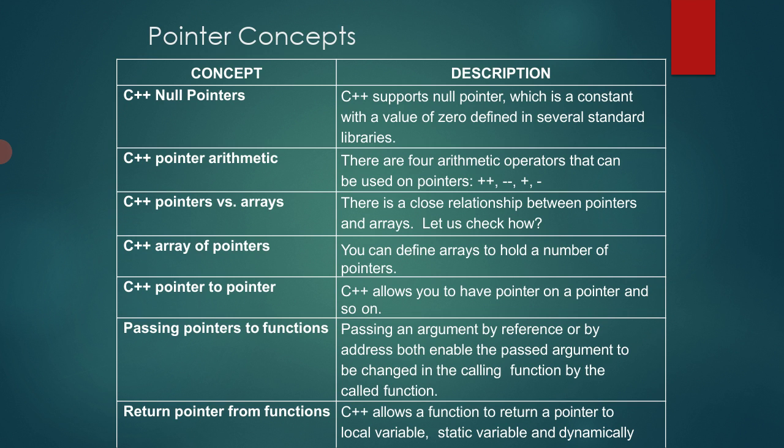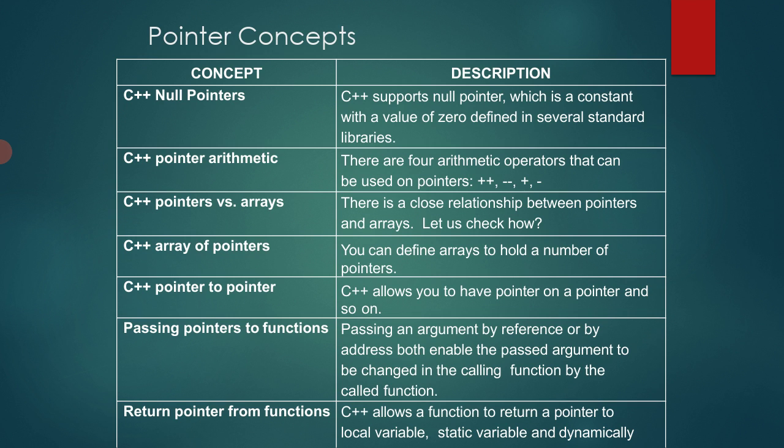So we can also create null pointers, and we can make use of null pointers. C++ pointer arithmetic. There are 4 arithmetic operators that can be used with pointers, that is plus, that is increment, minus, that is decrement, and plus, minus. So these all are the 4 operators that we can use with the pointers.